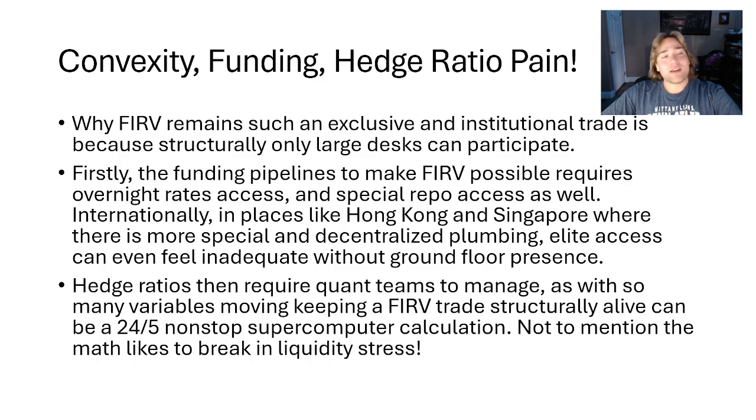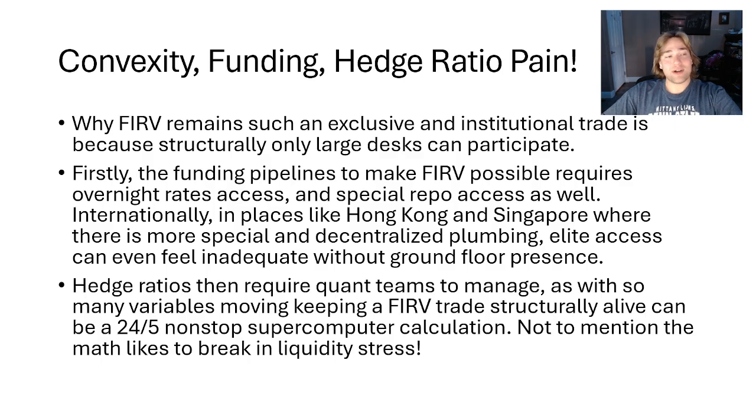This is the point I want to make, that when you see the bond market itself, the buying of cash securities happening only at high level desks, a lot of people get frustrated and think this is excluding smaller firms, this is excluding retail traders, but there are structural reasons that it's this way. First of all, for most fixed income relative value, it requires access to the overnight markets.